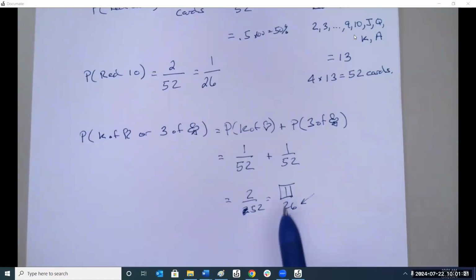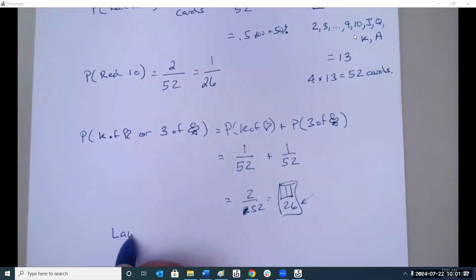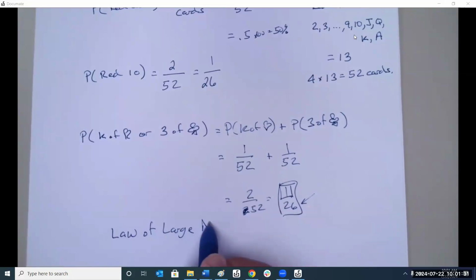It just says that in the long run, in what's called the law of large numbers, just because it doesn't work the first time, you did 26 cards and you didn't get a king of hearts or a 3 of clubs, doesn't mean that that's a false claim.